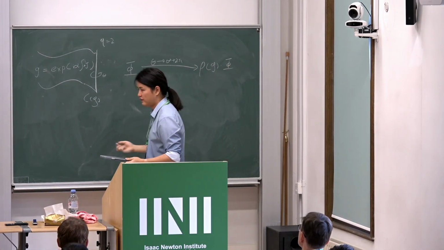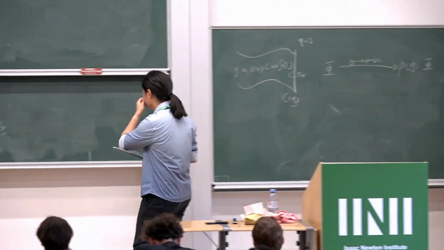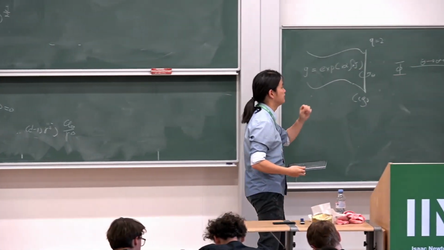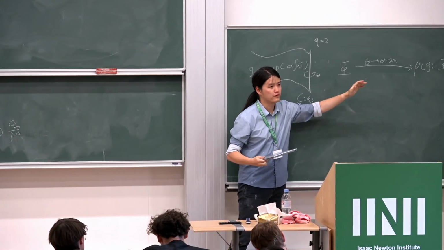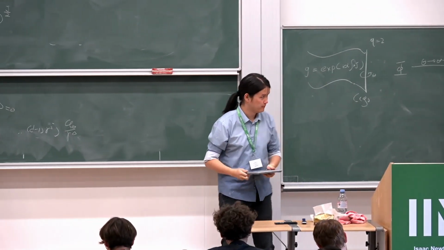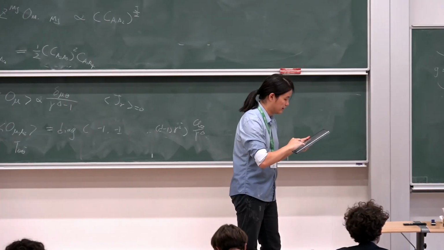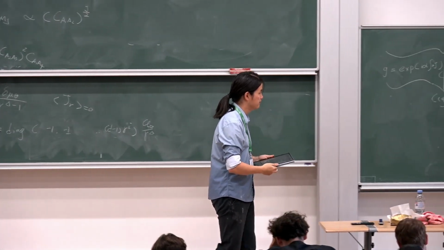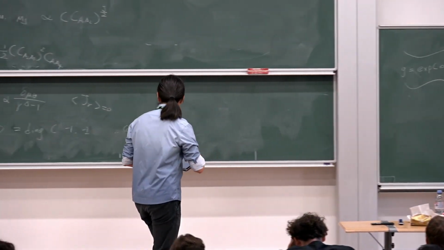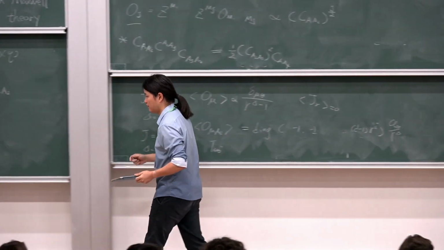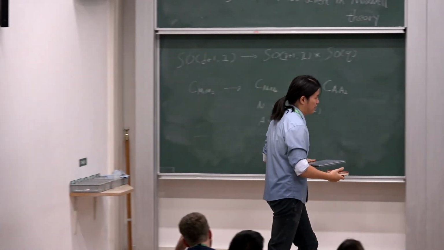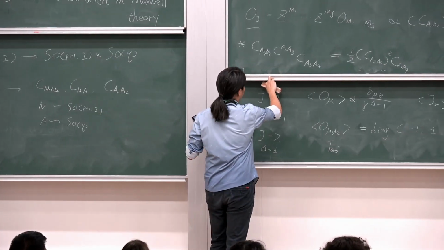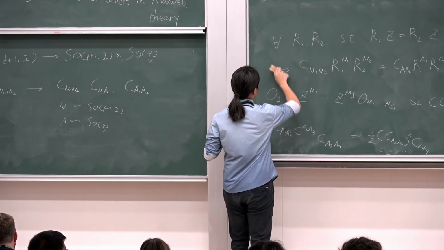Which means in the infrared, you can always probe the presence of such a defect by detecting the branch cut of your 2-point or 3-point or n-point correlation functions. In this way, you can never screen such a defect. Now, I'm going to discuss two particularly interesting examples. You can actually work them out yourself. It's a free theory, so everything is exactly solvable.